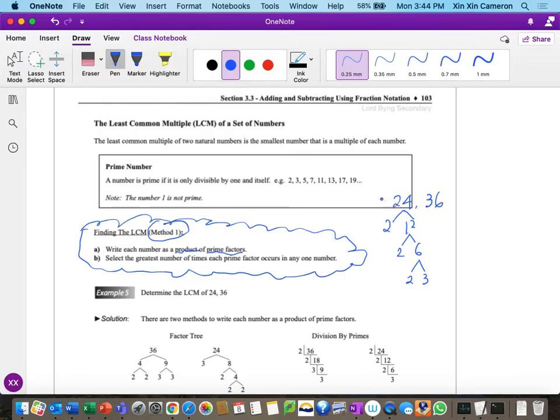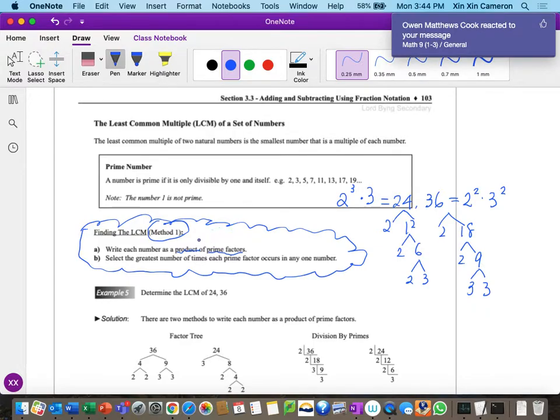So this is 2 to the power of 3 multiplied by 3. Now 36: 2 and 18, 2 and 9, 3 and 3. So this becomes 2 to the power of 2 multiplied by 3 to the power of 2.